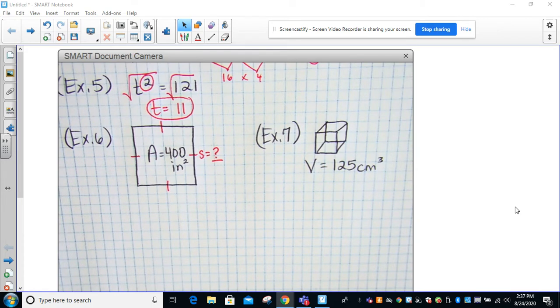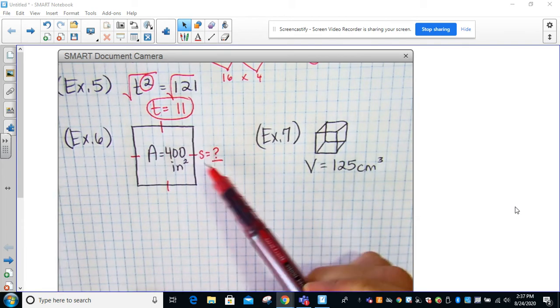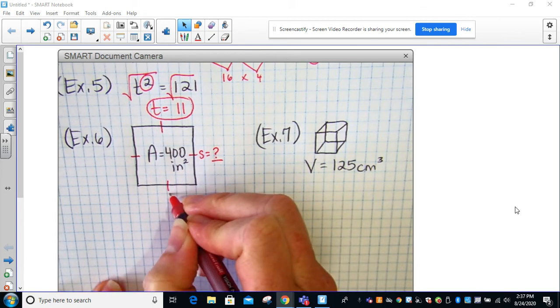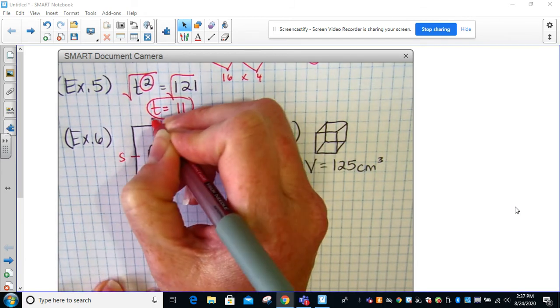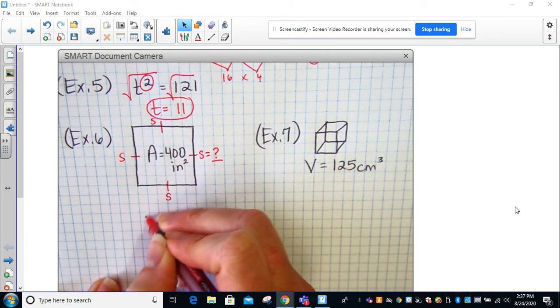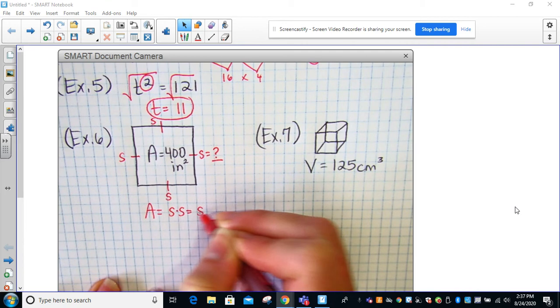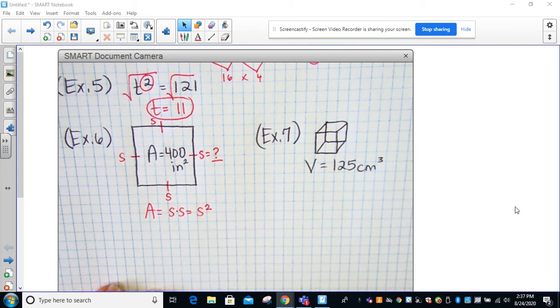And the first thing you're going to think about is divide by 4. Well, if you divide by 4, you get 100, and that doesn't give you area. That's perimeter. So instead, we have to think about if this is an S, this is also an S all the way around. And to find the area, we would take S times S, which is better known now as s squared.